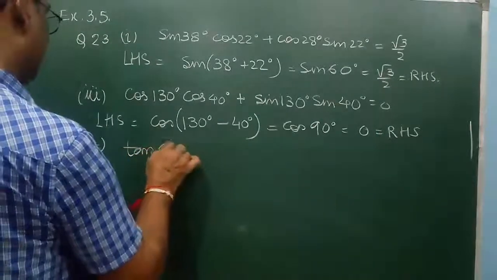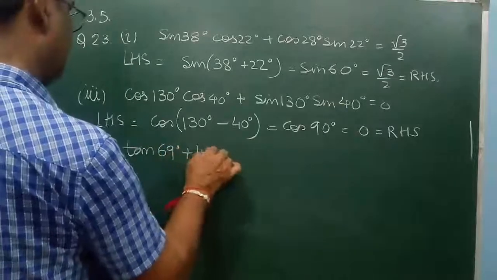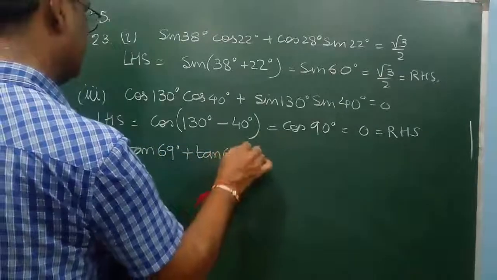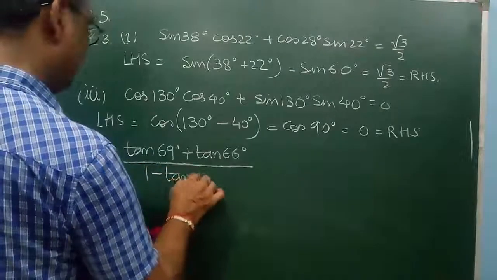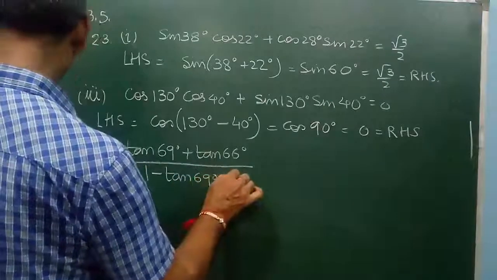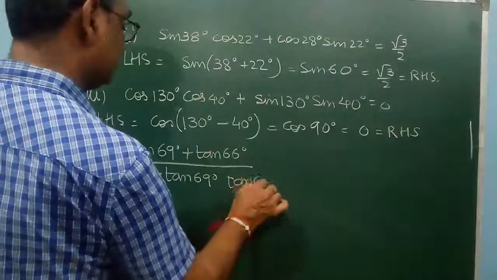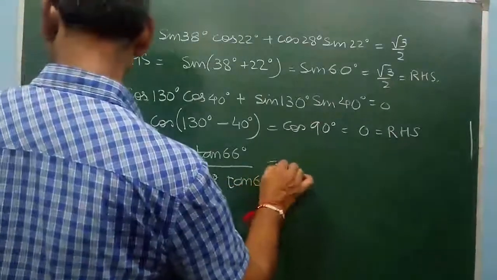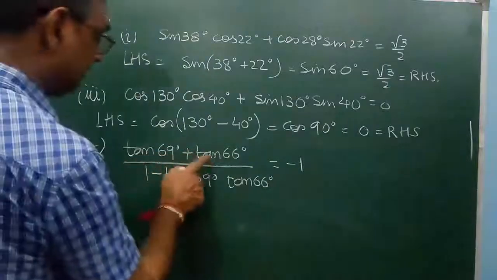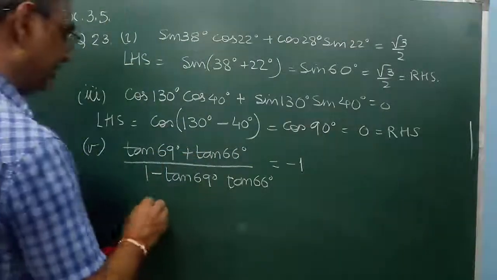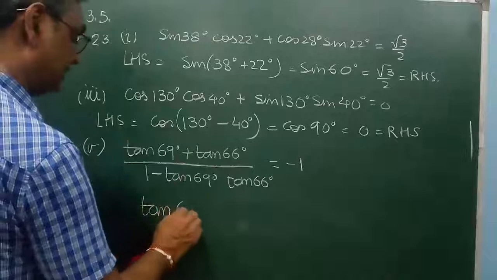tan 69 plus tan 66 degree upon 1 minus tan 69 degree tan 66 degree equal to minus 1. The formula is tan A plus tan B upon 1 minus tan A tan B. The formula is tan (A plus B).